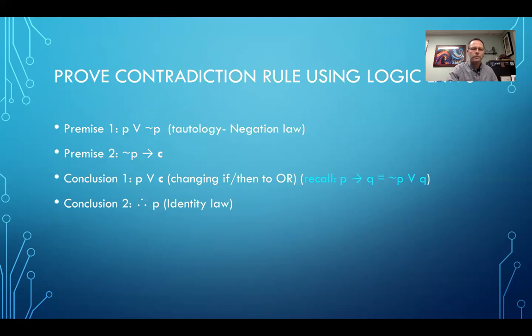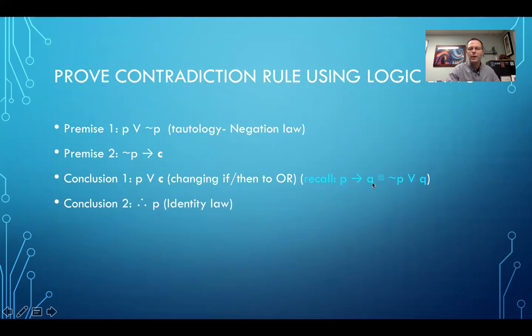Premise two is if not P, then contradiction. Now you might remember from the last video, we can actually change an if-then to an or statement for free because we have this equivalency. We know that P implies Q is the same thing as saying not P or Q, which is really useful.